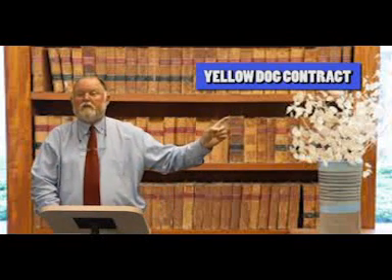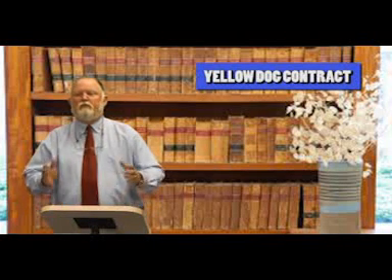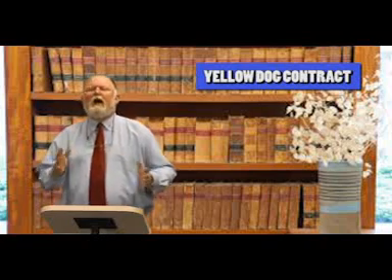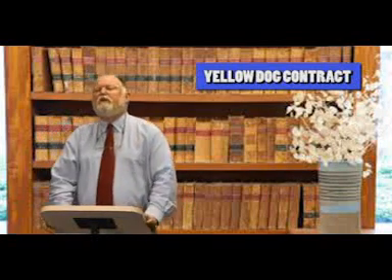Think about that. The second thing that companies used besides the injunction was called the yellow dog contract. When you went to work for a company, a lot of them would just give you one little tiny sheet of paper, a contract that said, "I promise I will never join a union. I will not encourage union.